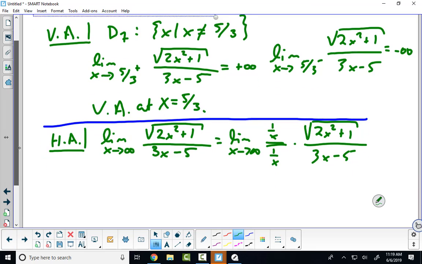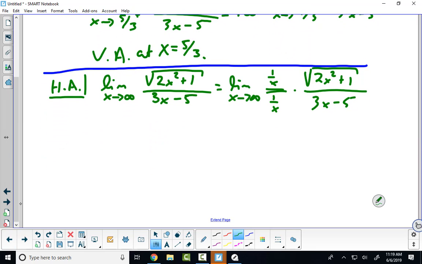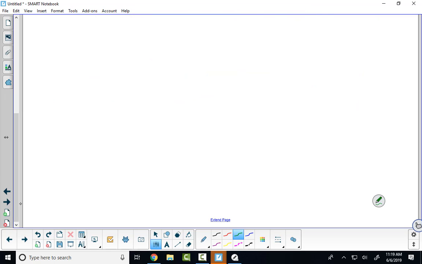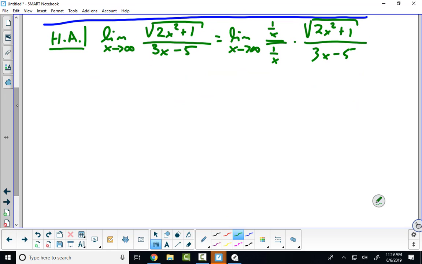So back to finding the horizontal asymptotes. We're currently looking at the long-term behavior to the what way? To the right, correct? Because we're approaching positive infinity, right? So I'd now like to pass this 1 over x inside the square root. When I do so, it comes in as 1 over x squared.